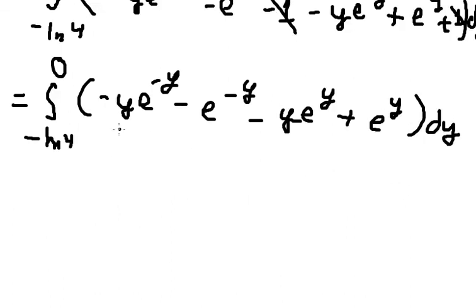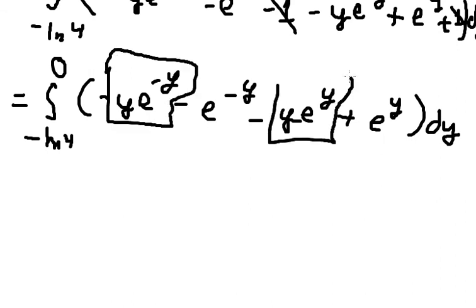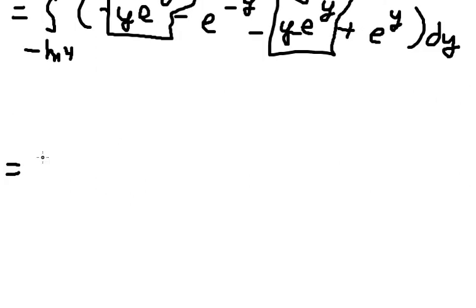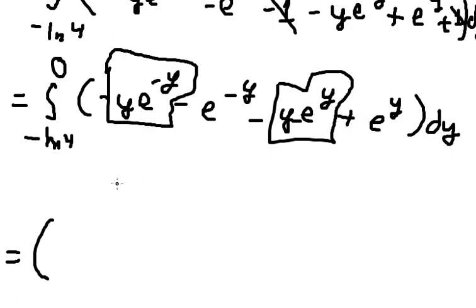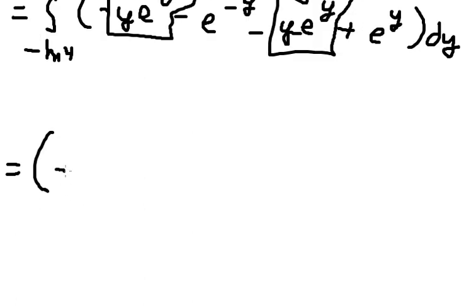So we need to use integration by parts for this one and this one. So if we do this integration in here, you will get like this. Don't forget about the negative sign here. So we have negative e to the power of negative y plus 1.